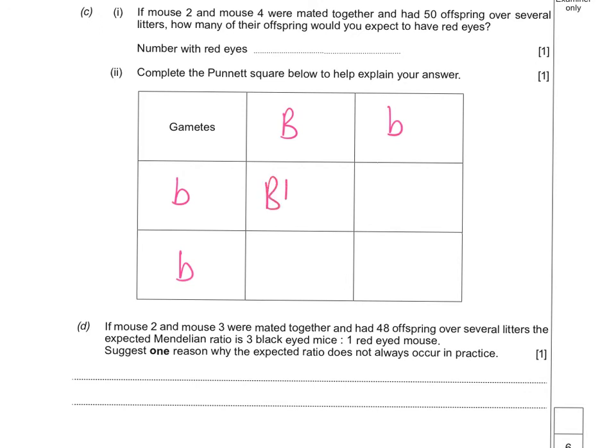So if I fill out my Punnett square, we end up with 1 with black eyes, second with black eyes, and then 2 with red eyes. So I have 50-50. So if we have 50 offspring to start with, at the end we're going to end up with 25 with red eyes, literally half of them.